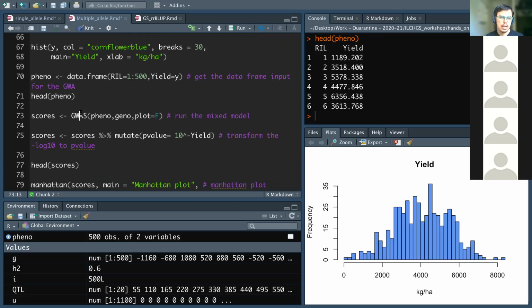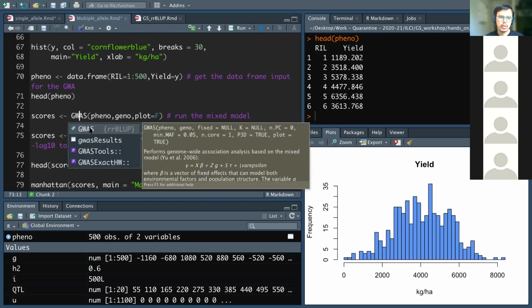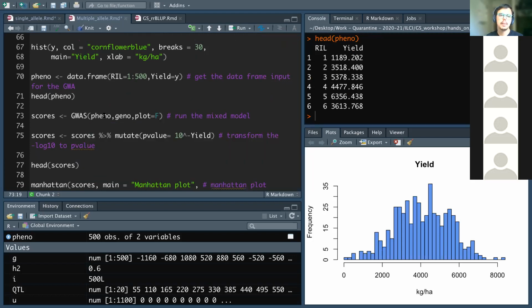And GWAS here is a function of the package rrBLUP. So if you don't have rrBLUP on your computer, if you didn't load the package, you cannot use the GWAS function. That is why you have to install and load the libraries.